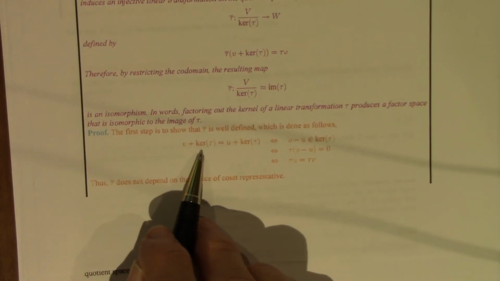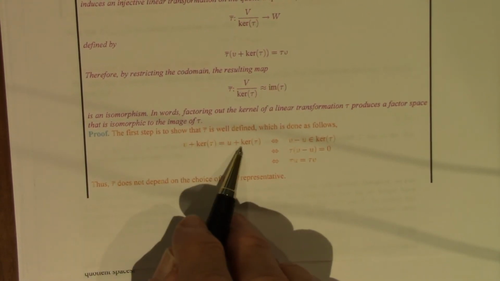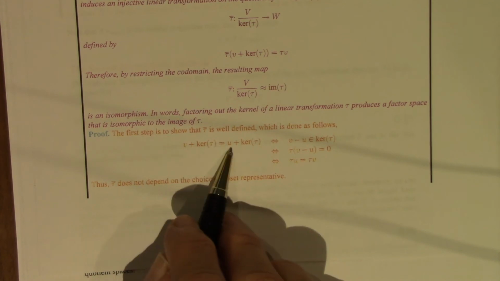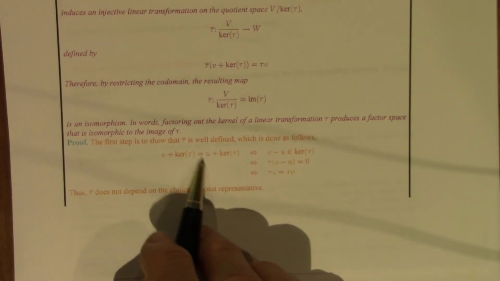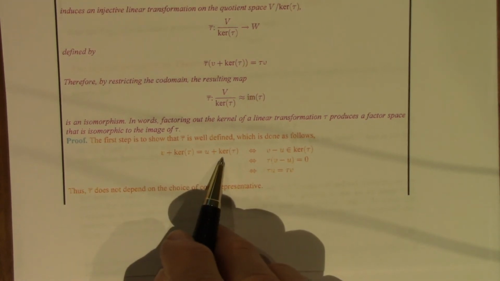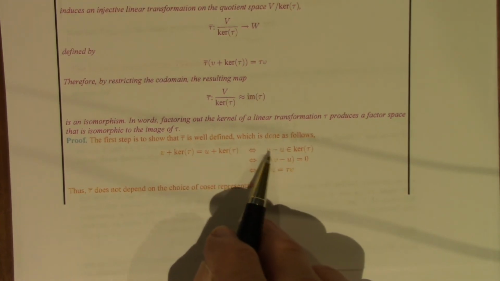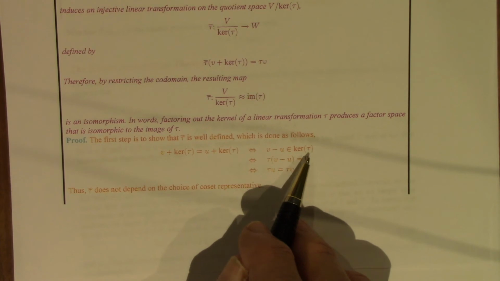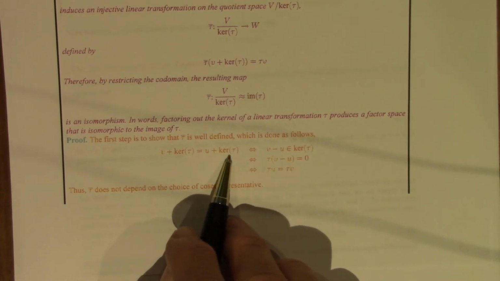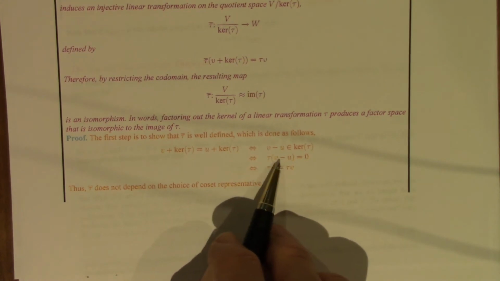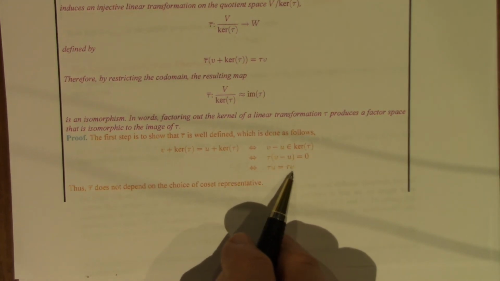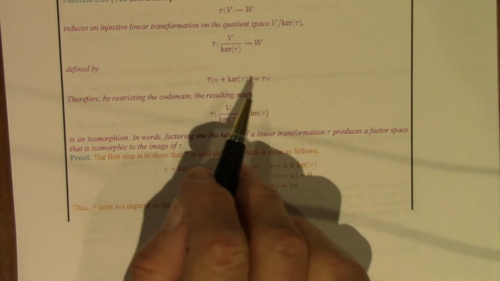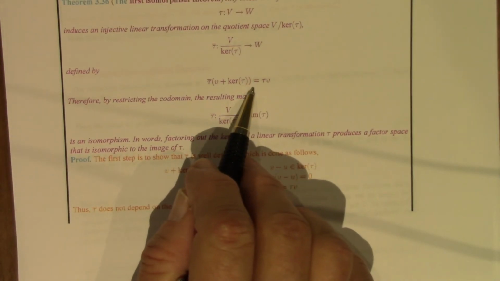So, if we have two coset representatives, v and u, for the same coset, then these cosets are equal, which means the difference, v minus u, is in the subspace, in this case the kernel of tau. So tau of v minus u is 0, which means tau of u equals tau of v, and so this is well defined.